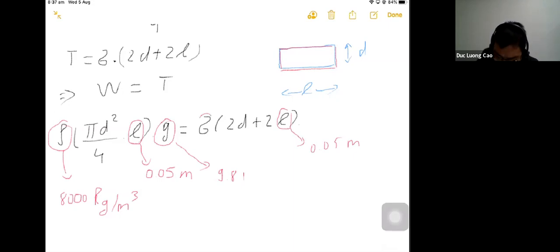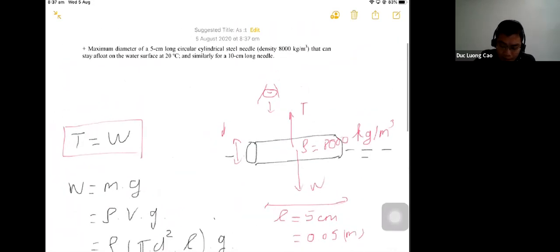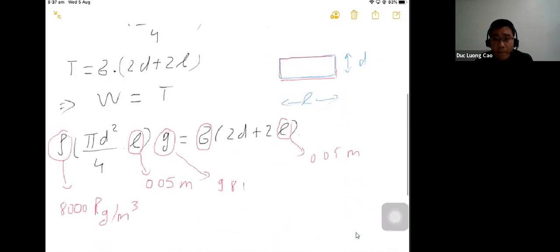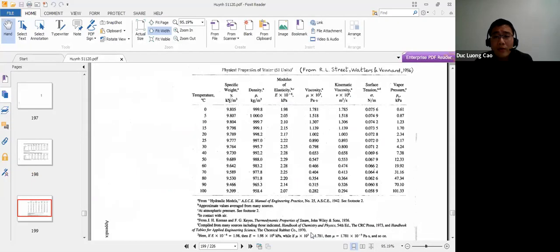Surface tension coefficient will depend on the temperature. In this case, water temperature. And you have water temperature is 20 Celsius. So we use the table at 20 Celsius.